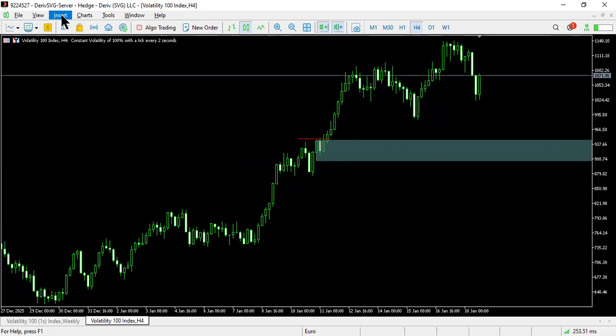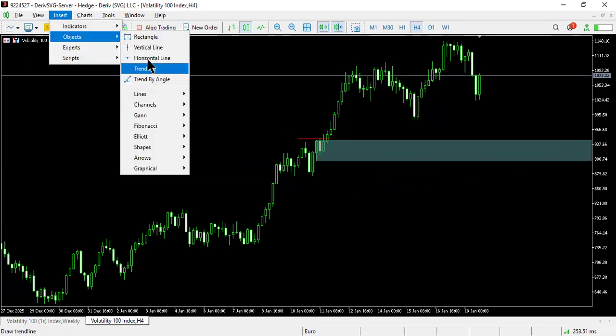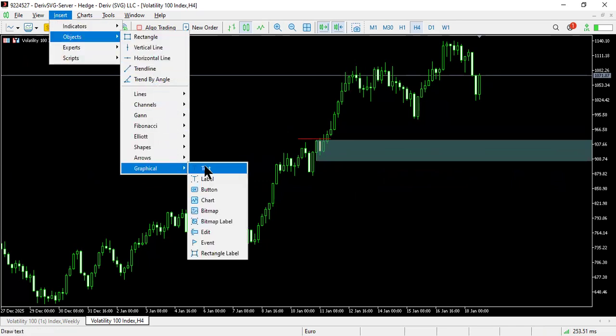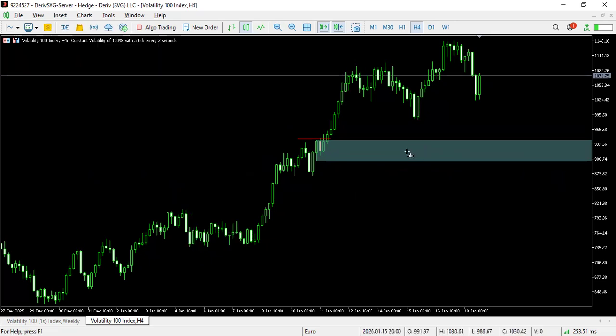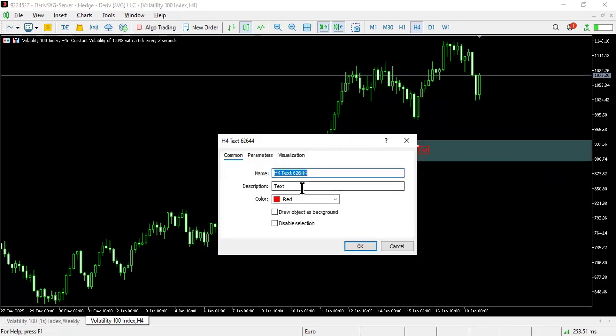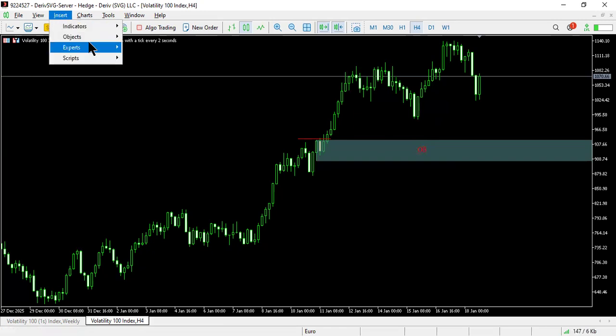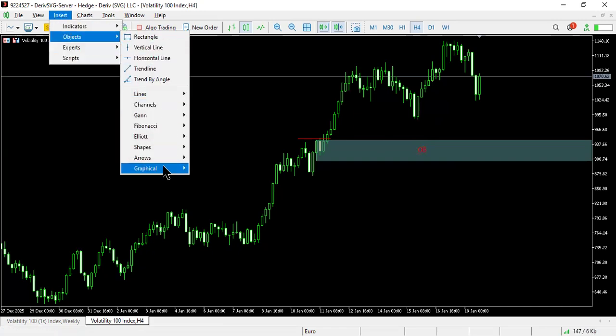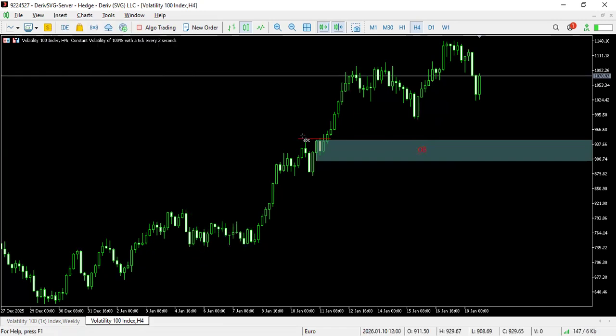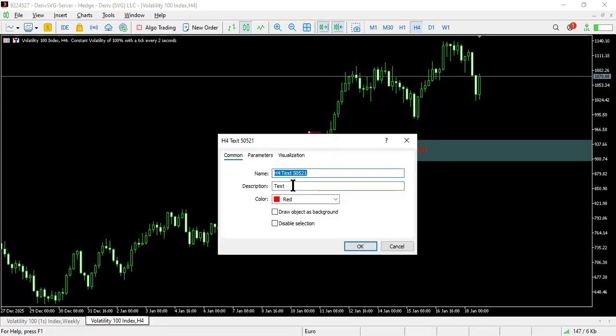So that is the order block from the 4 hours time frame. So we have our order block right there. And then we have the break of structure right there.